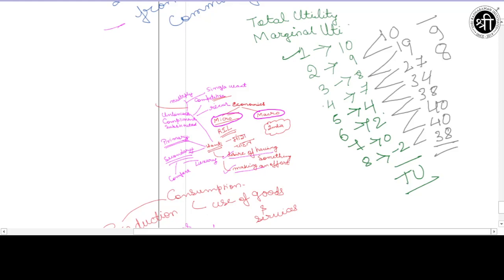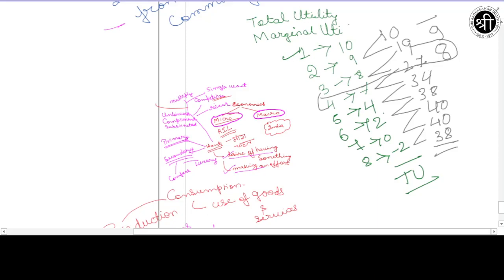Then you have consumed 3 pieces of the rasagulla, but after the 3 pieces are consumed, when you consume the fourth one, how much utility did you get?